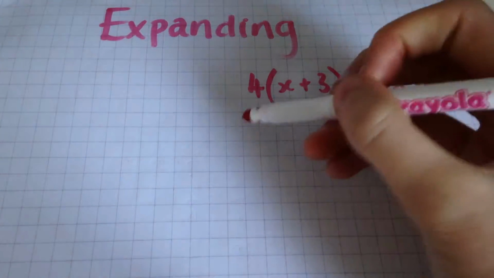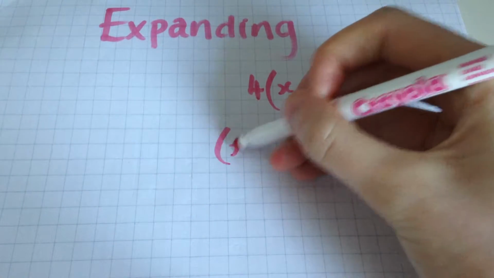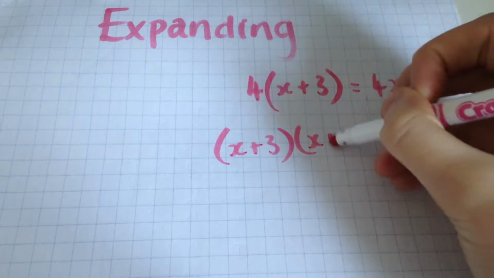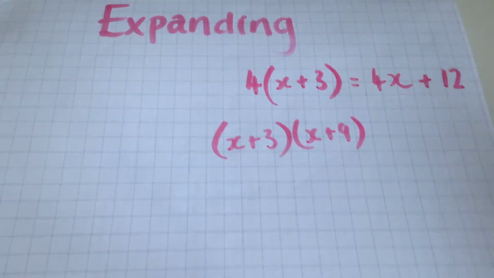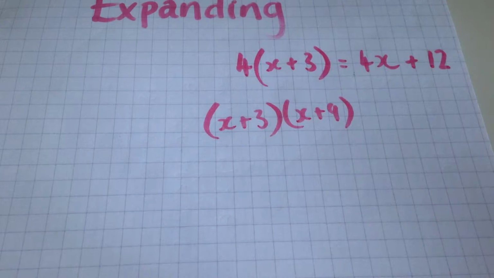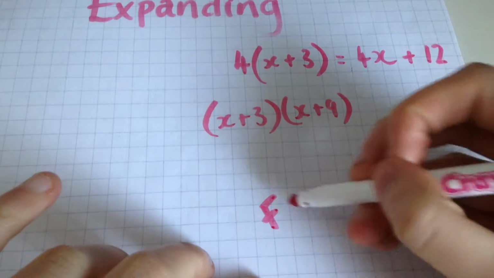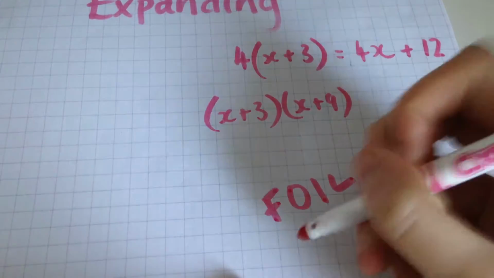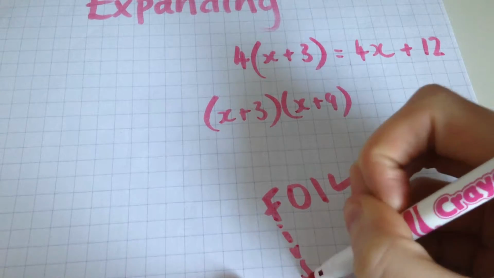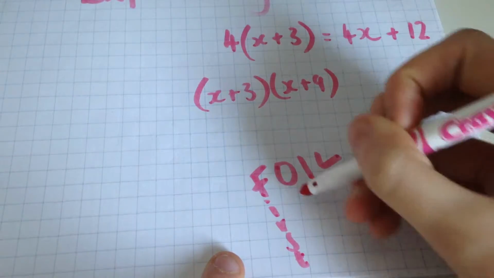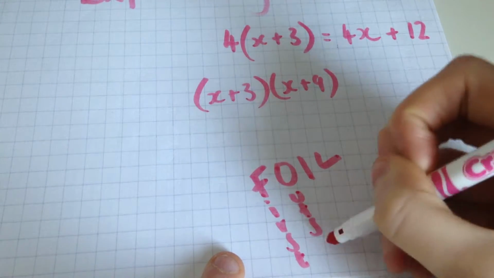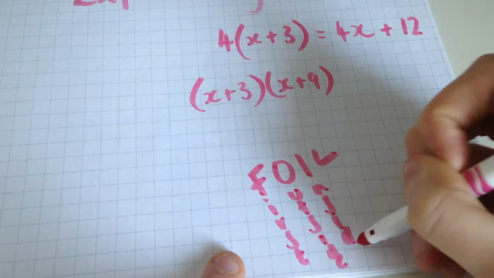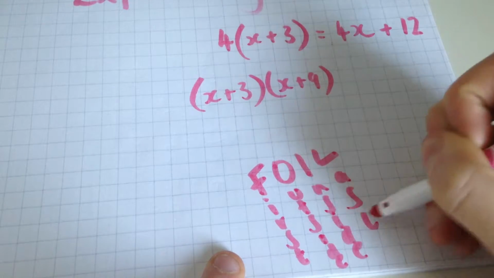Alright, however, if you've got 2 brackets, x plus 3 for instance, and let's go for x plus 9, then we use a method called FOIL. F-O-I-L. Now the F stands for first, the O stands for outside, inside, and last.